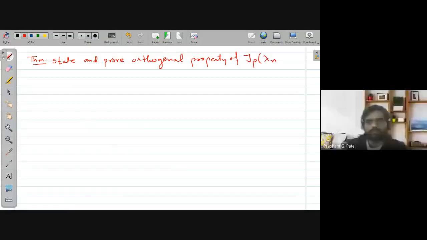So, in this lecture we are going to discuss the orthogonal properties of the Bessel's function, which is of the form Jp(lambda x).